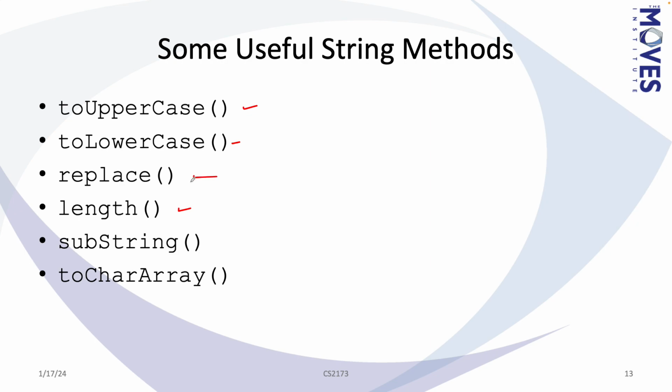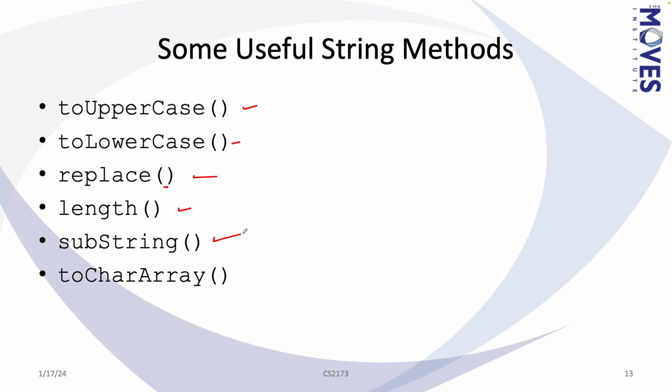Now there are usually some arguments here. We'll replace. I can take a string and replace certain elements of it. There's also one called replaceAll, so I can replace all occurrences. Again, the thing to remember is it does not change the string itself. It returns a new string which has the properties that you've given it.